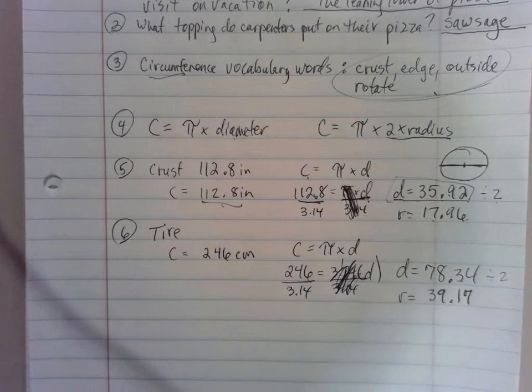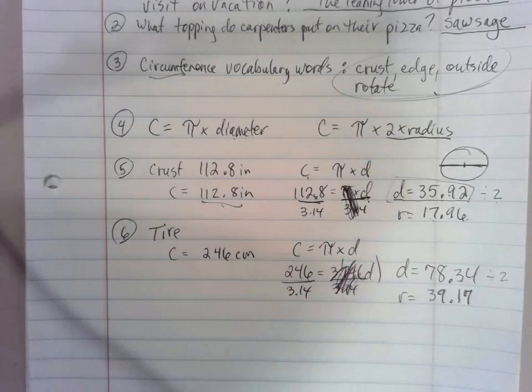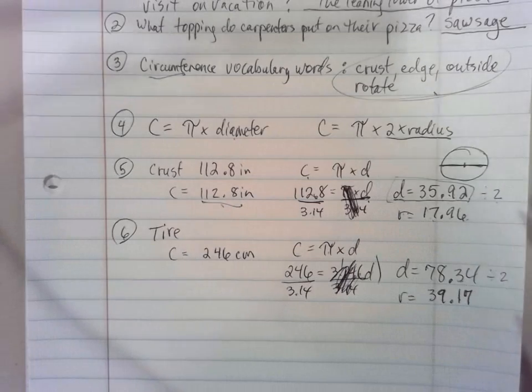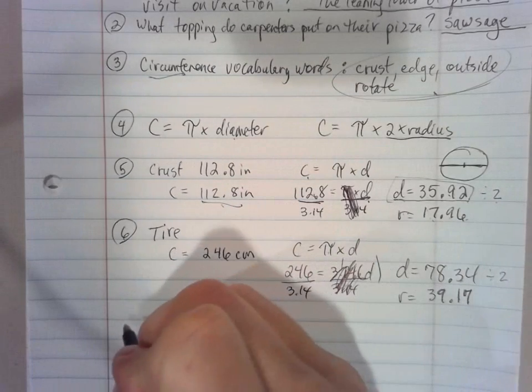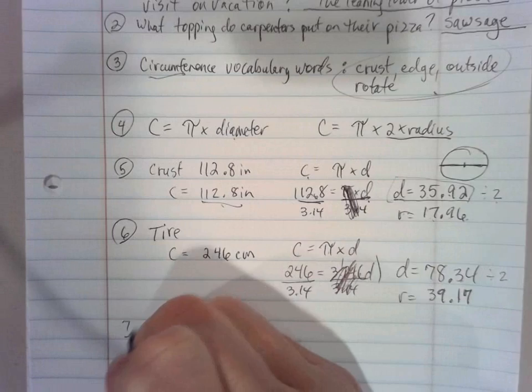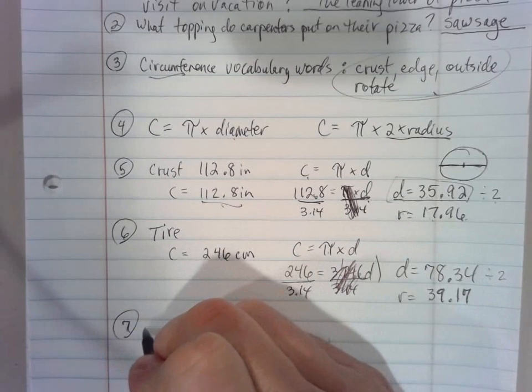Let's take a look here, and let me see. I got one coming up, I think, in the next assignment. Let me get flipped over here. Oh yeah, okay, let's say we've got one like this. I'll put this down to number 7, Ferris wheel.